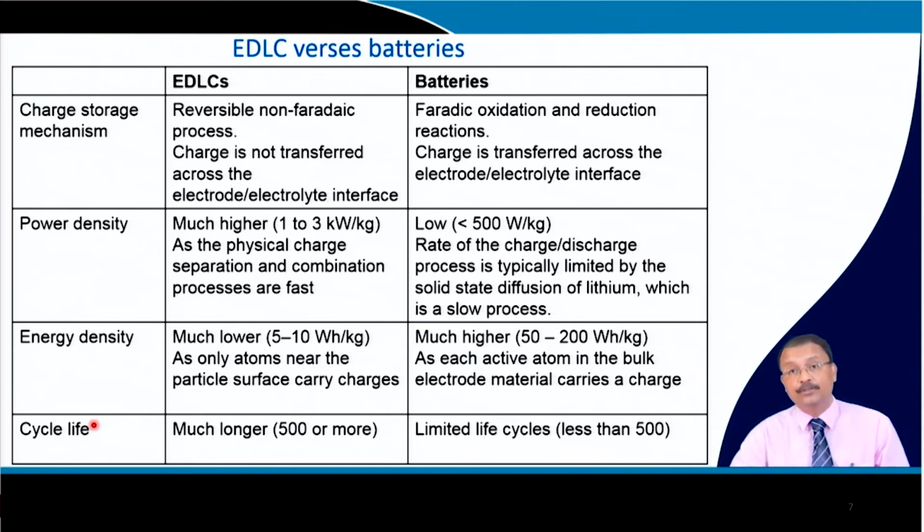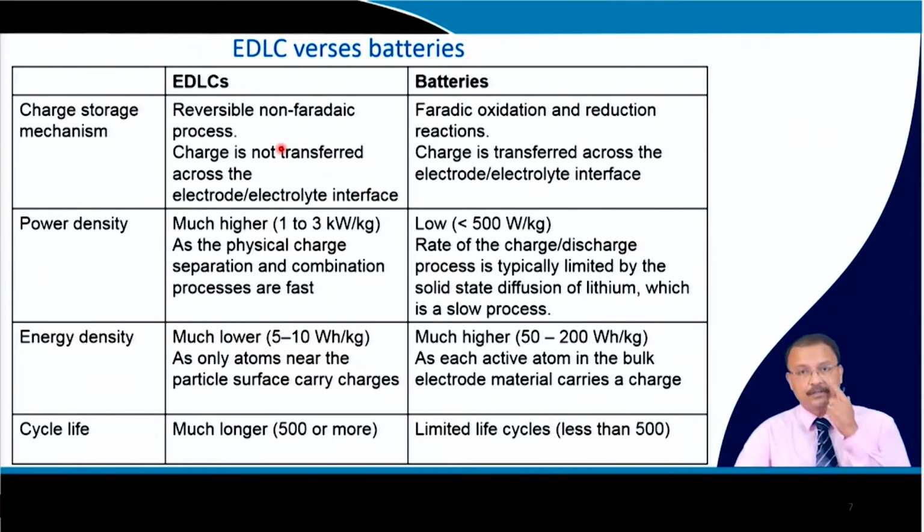If you want to differentiate the working principle of an EDLC and batteries, it is quite straightforward. First, let us consider the charge storage mechanism. In this case this is a non-Faradaic process, because there is no charge transfer, there is no change in the material's redox potential.